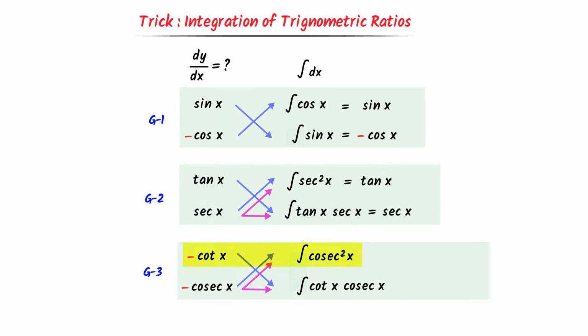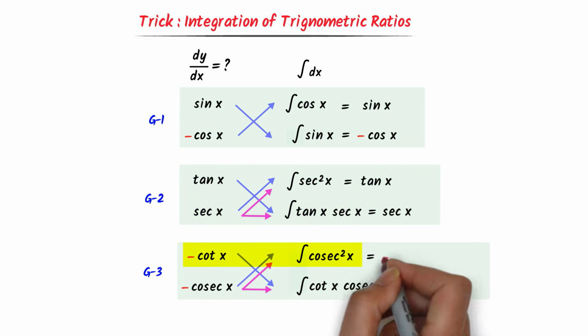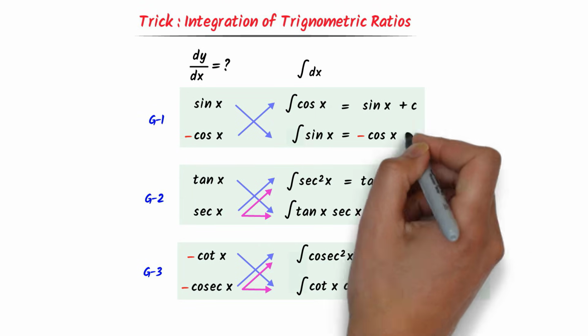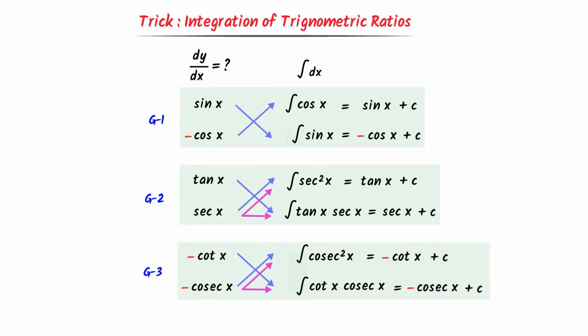The reverse of cosecant squared x is minus cot x. And the reverse of cot x into cosecant x is minus cosecant x. Remember that when we find integration of any function, we put plus c with it. So I put plus c with all of them. Thus by this way, we can easily find the integration of trigonometric ratios.